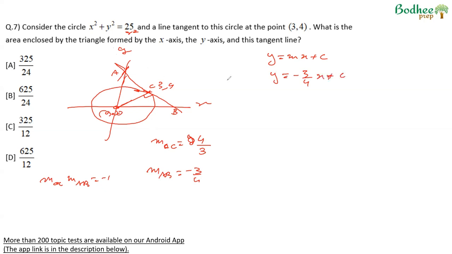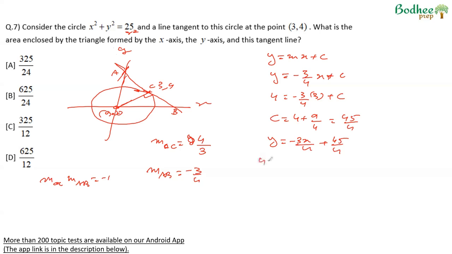Also, this line passes through 3 and 4. So if we put the value of y as 4 and x as 3, it should satisfy this equation. So we get c as 4 plus 9 by 4. 3 3s are 9, on the right hand side, which is 45 by 4. And therefore the net equation becomes y is equal to minus 3x by 4 plus 45 by 4.